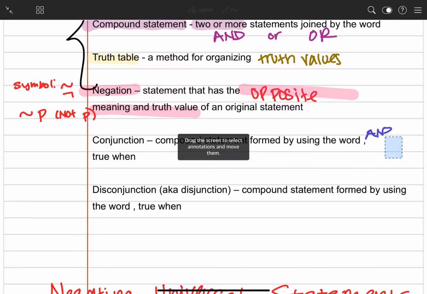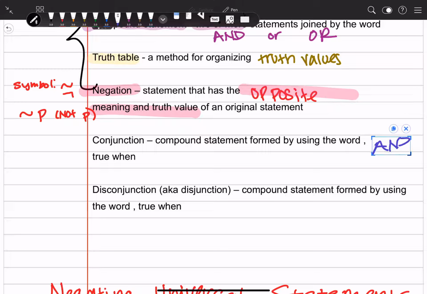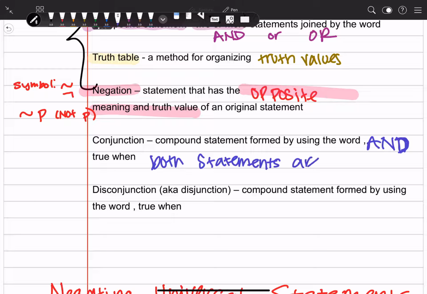Much better, right? You guys can actually write that word down. So, all right, again, it's by using the word and, we had said that earlier in the compound statements. Okay, and this is true when both statements are true. So both sides have to be true at the same time. Now, there is also a symbol for this.